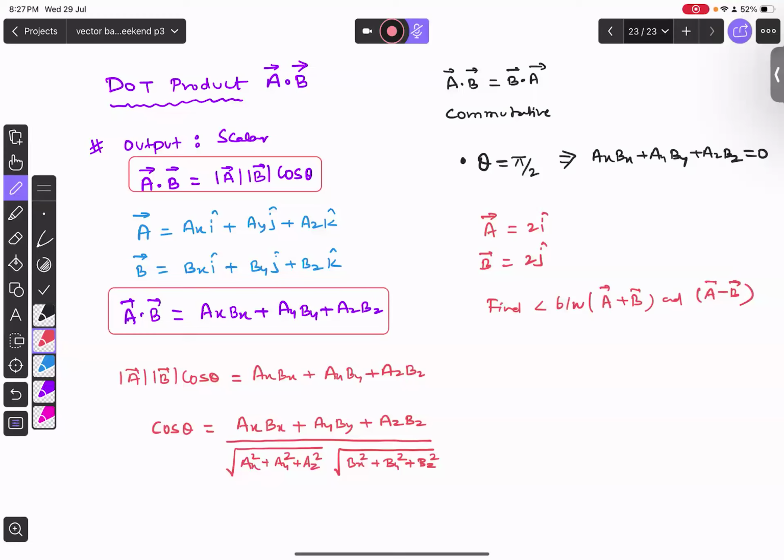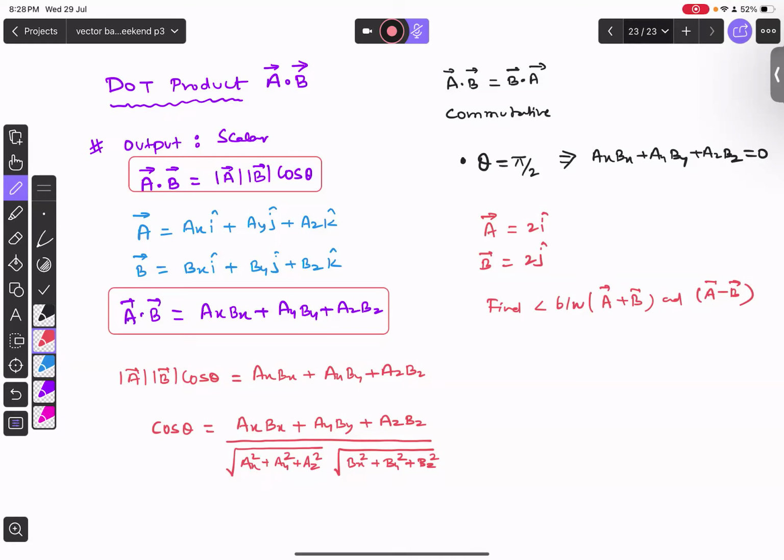Find the angle between the vector A plus B, which is like a new vector, and A minus B. Also, what will be the angle between the diagonals of a square? 90, or not?